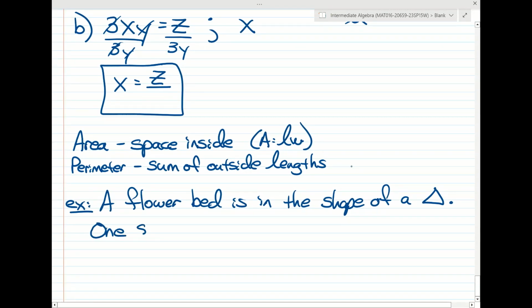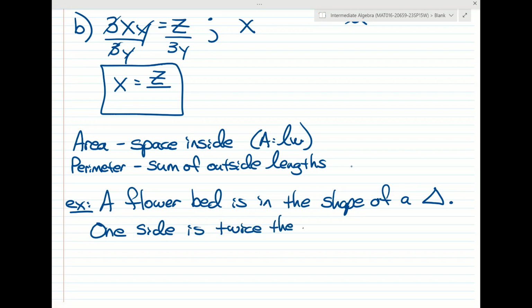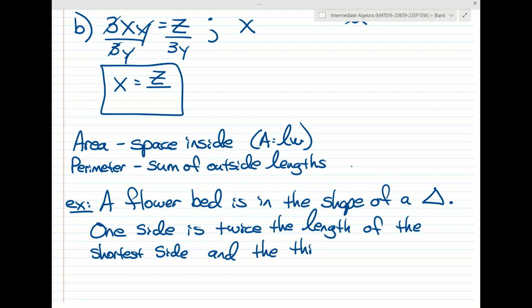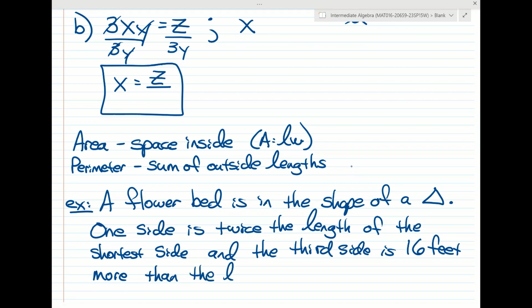One side is twice the length of the shortest side, and the third side is 16 feet more than the length of the shortest side.